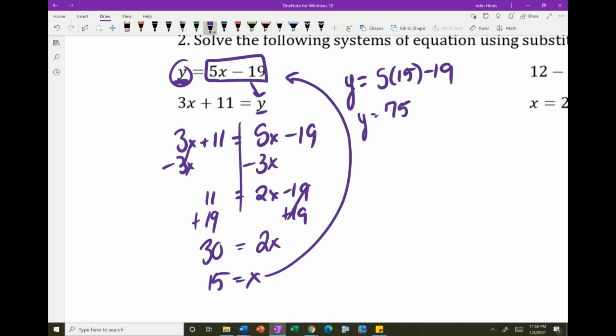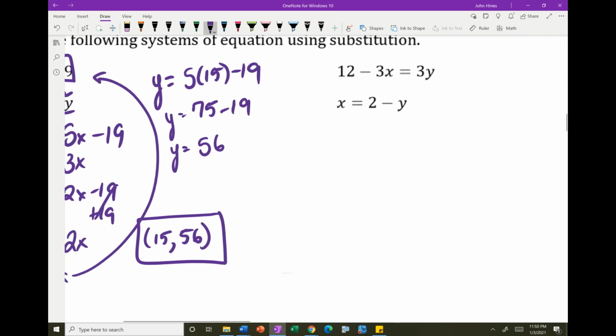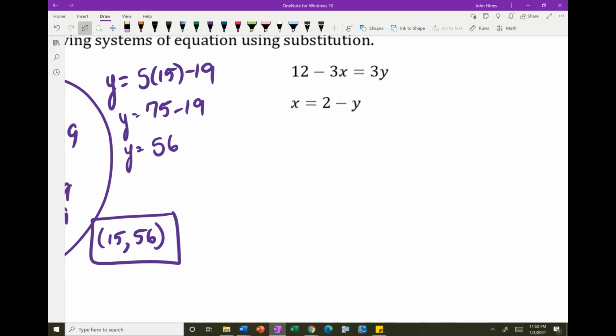So type this into a calculator. 75 minus 19 is 56. So where do they intersect? x comma y. That's the point of intersection. That's the solution to the system of equations. All right, sliding on over here.